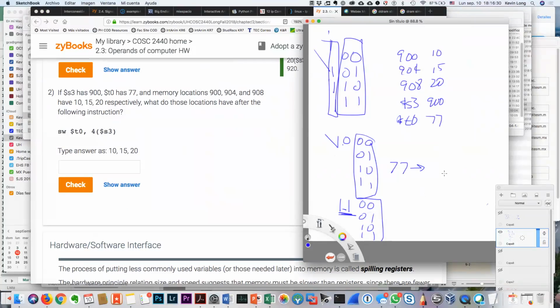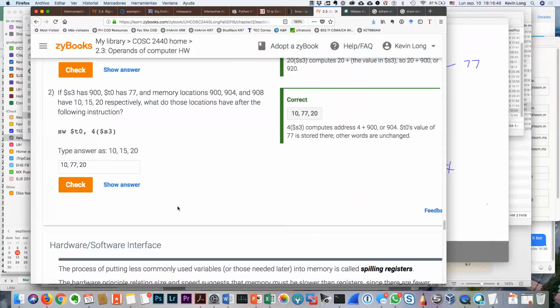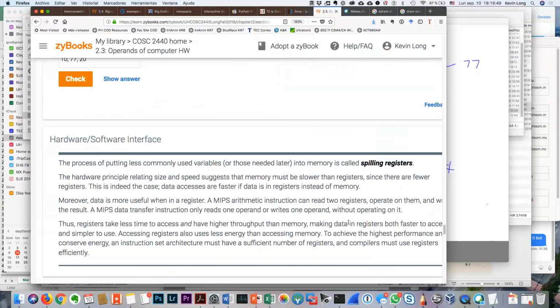So that means this value is going to get replaced with 77. So let's see if we're right. 10, 77, 20. Ta-da! That makes sense?